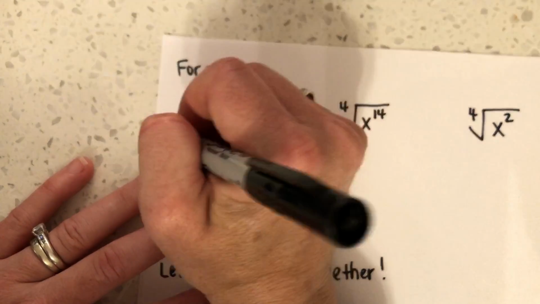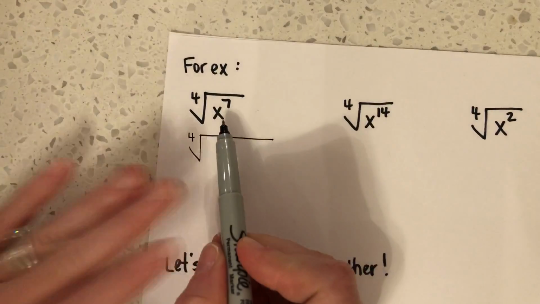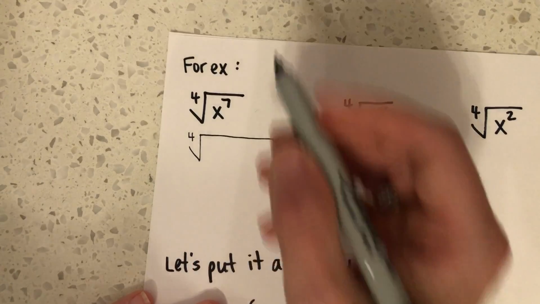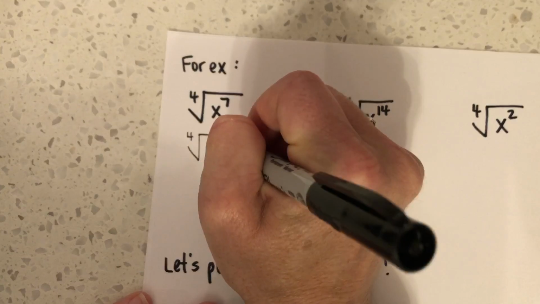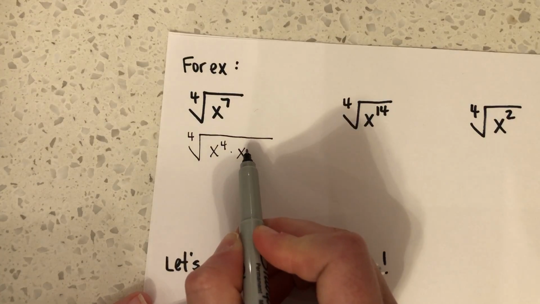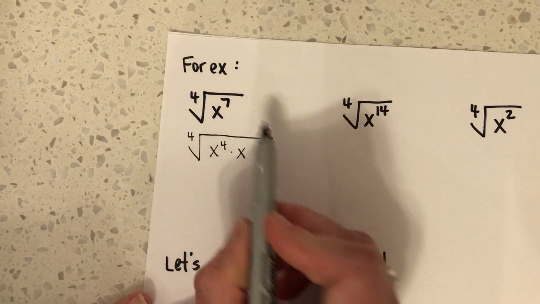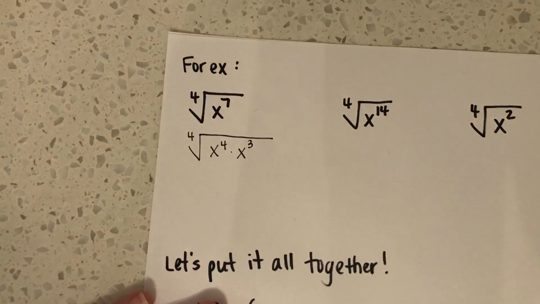Well, going with the long way, you would rewrite this as the fourth root of how many x's to the fourth can you rewrite x to the 7th as? Well, I can break him up into an x to the fourth times an x to the, I can't break it up into another fourth because 4 plus 4 is 8, and I'm only trying to get to 7. So then I'd have to rewrite this one as an x to the third as your leftover.